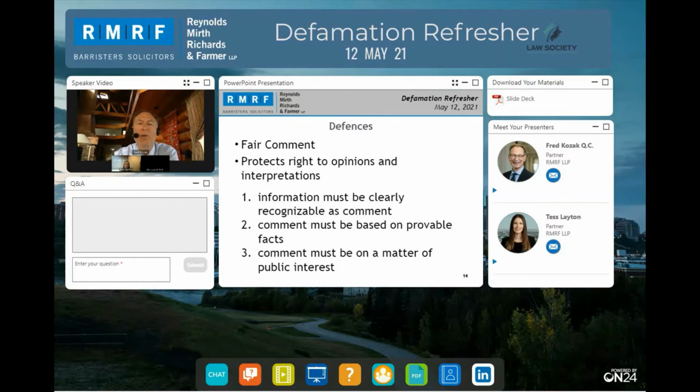But if in doing so, you send a copy of your letter, for example, to someone else who may be considering using that lawyer to pursue a claim, the qualified privilege that you have in bringing that information to the attention of a regulatory authority would be exceeded, and you could be sued by the person for that statement. So thanks, Tess. That's a helpful example.